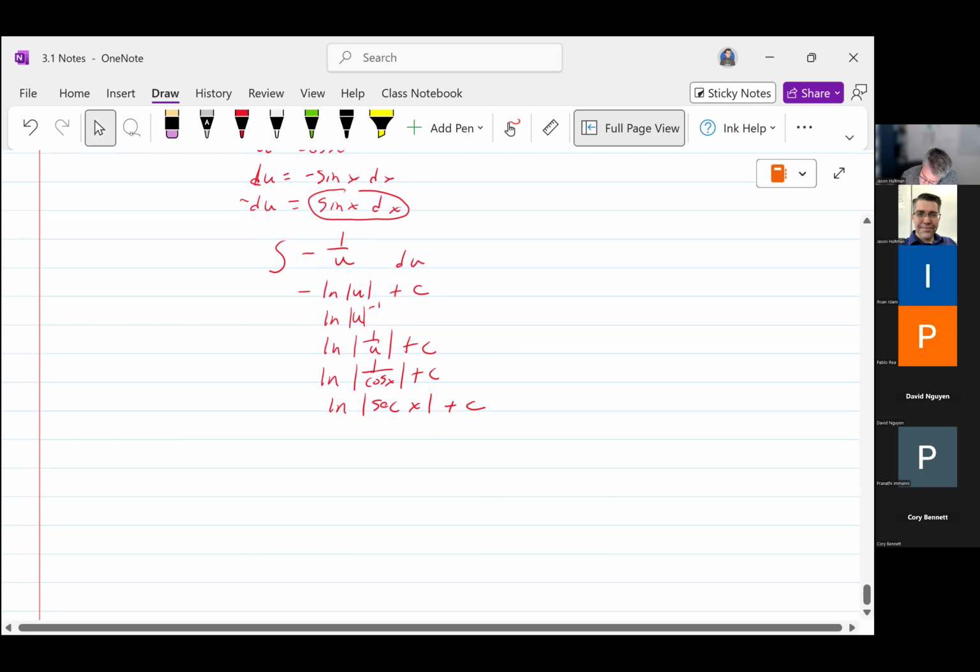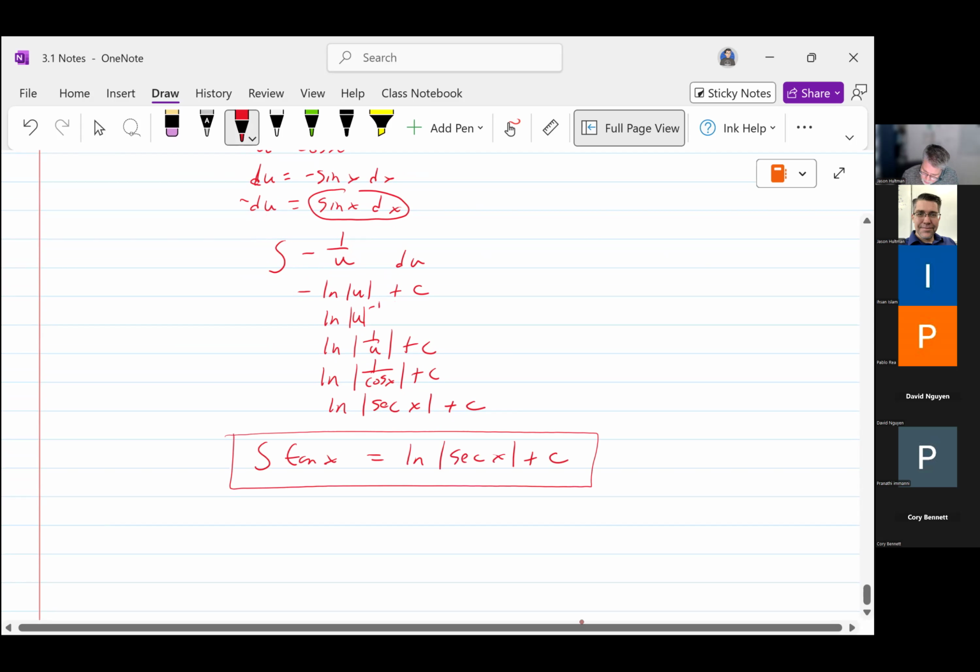So what did we find? We found that the integral of tangent x is equal to the natural log of secant x plus c. That's an identity, something that you could memorize.